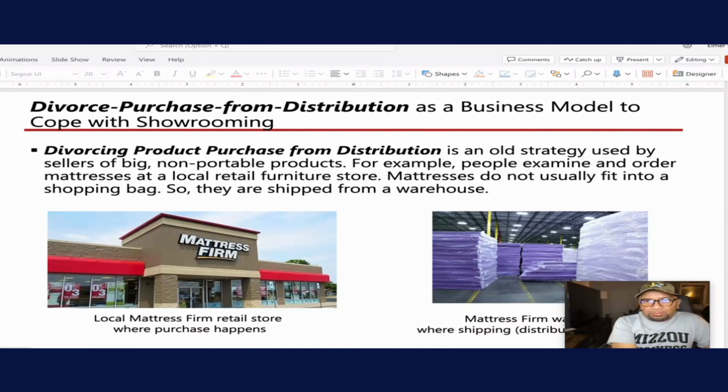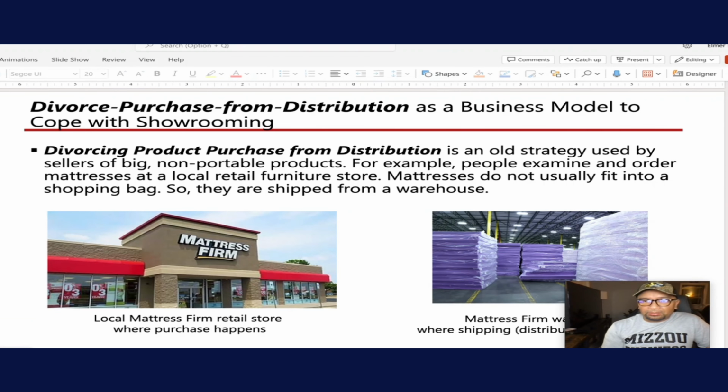Okay, divorce purchase from distribution. So this is still related to the whole topic of showrooming. In this example, we have companies like Mattress Firm where people, if they're looking for a mattress, could still do their search online, but they could go to a physical location, check out the product, lay on the mattress, see if they like it, and if they want it, they can buy it from that store.